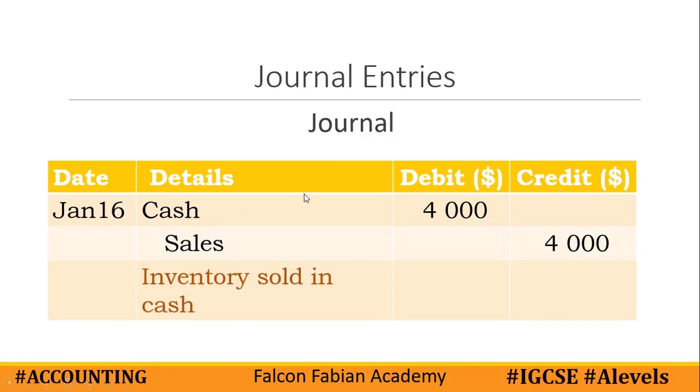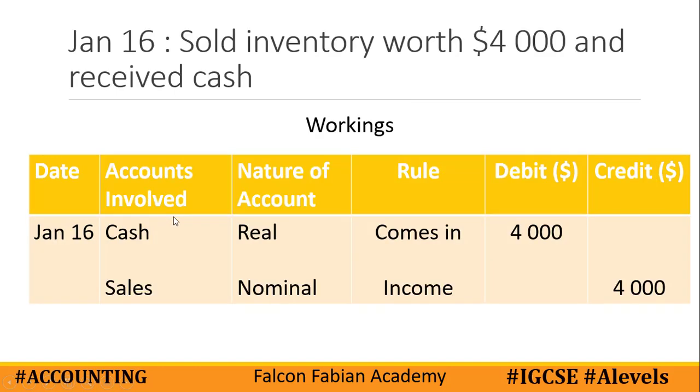Now, let's record the entry in the journal. So you would continue to record in the same format, the format which you had drawn for the previous entry. So you would leave a line and continue to record the entry in the same format. So date is January 16th. What were the two accounts involved? Cash and sales.